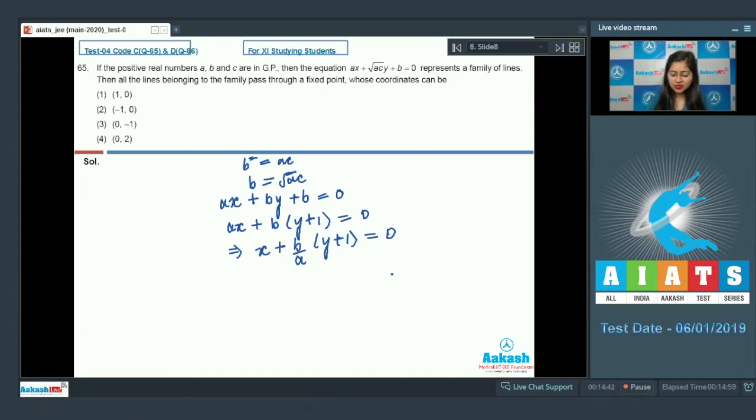That is, it is of the form L1 plus lambda L2 equal to 0. Now to find the point through which the family of lines is passing, we have to put L1 and L2 equal to 0. That is, x is equal to 0 and y plus 1 is equal to 0. Hence, the coordinates of the fixed point are (0, minus 1). That is, the correct answer is option number 3.